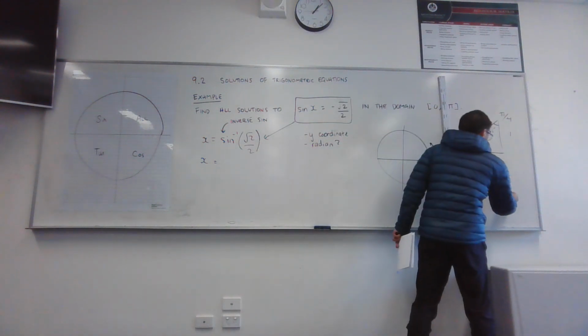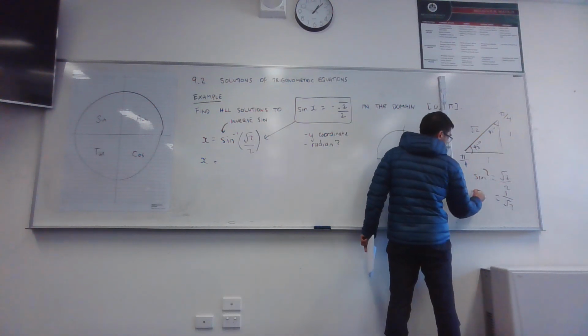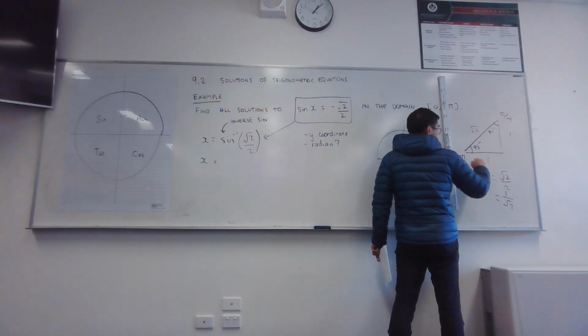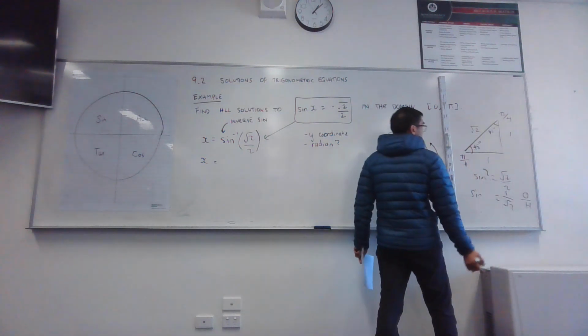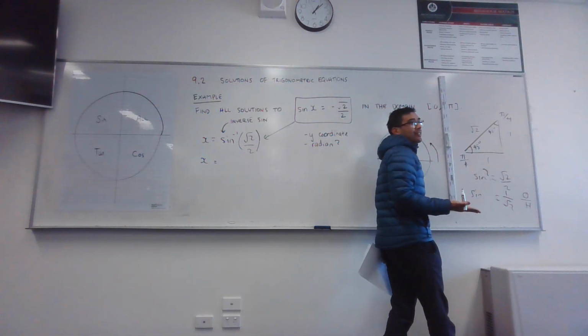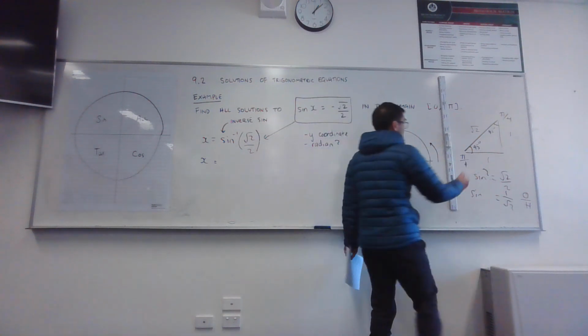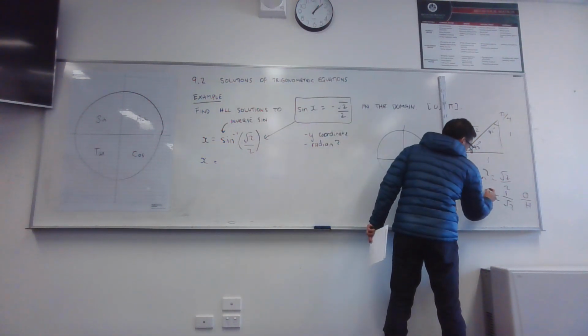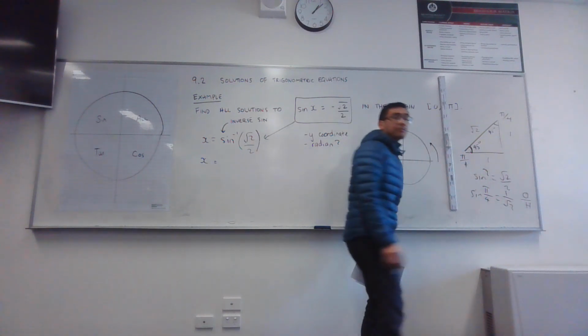And if I do a sine of what angle? A sine of the opposite over the hypotenuse, because that's the sine. Well, really, there's only one angle that we're looking at anyway. It's the 45 degree, or the pi on 4, as Tim was saying before.